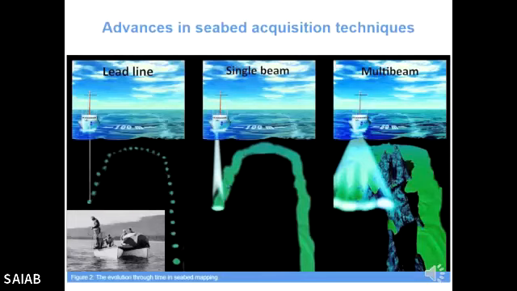That progressed to single beam, which mapped wherever the vessel moved above the surface of the water and didn't map anything on the sides. And now we have progressed to multi-beam, which maps the entire swath of the seabed, making sure that there's overlap and the whole seabed is surveyed.